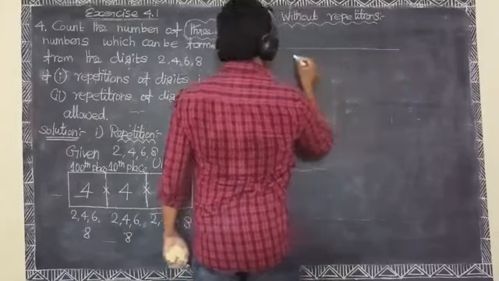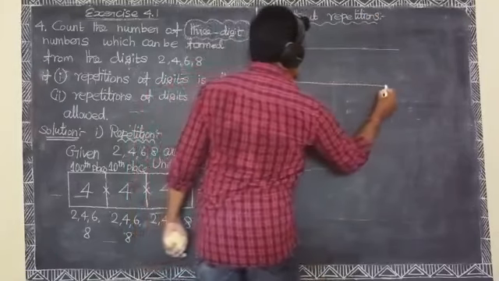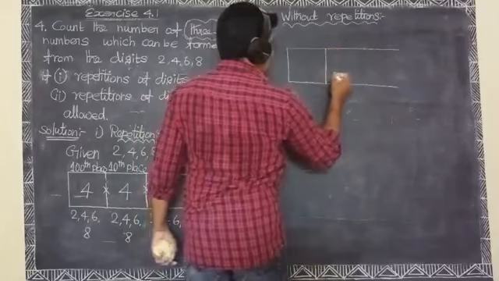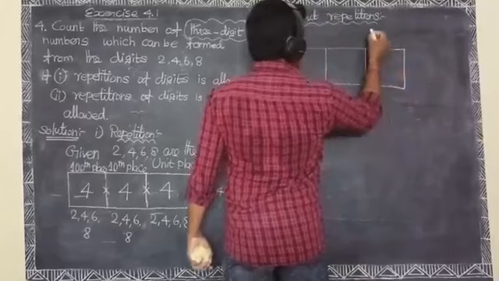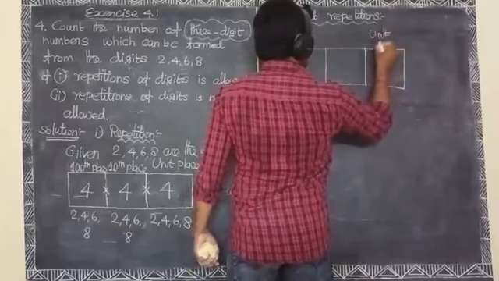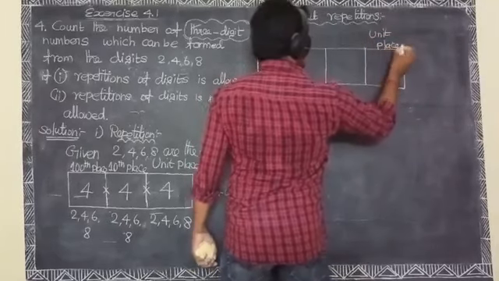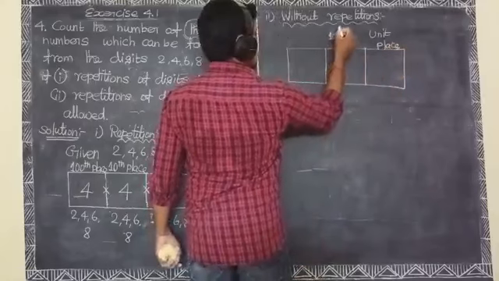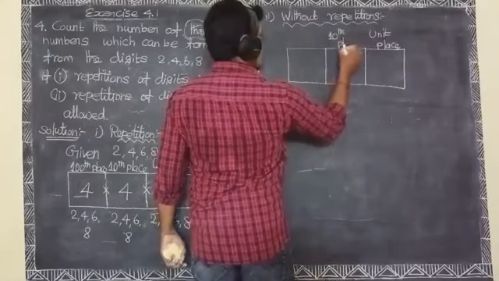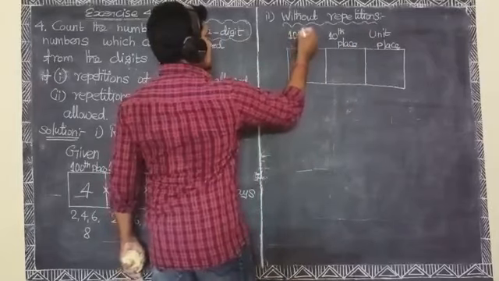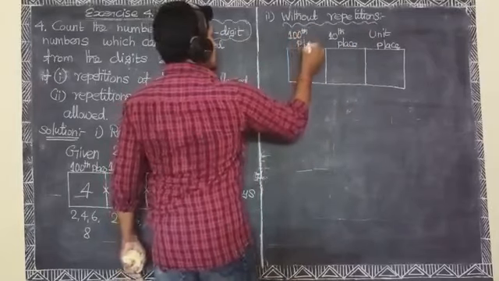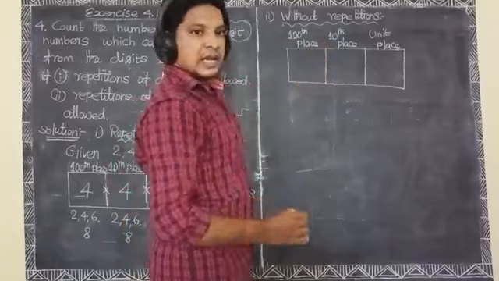Then the second subdivision, without repetition. Here 3-digit numbers can be formed in different ways. This is the unit place, this is the tens place, this is the hundreds place.